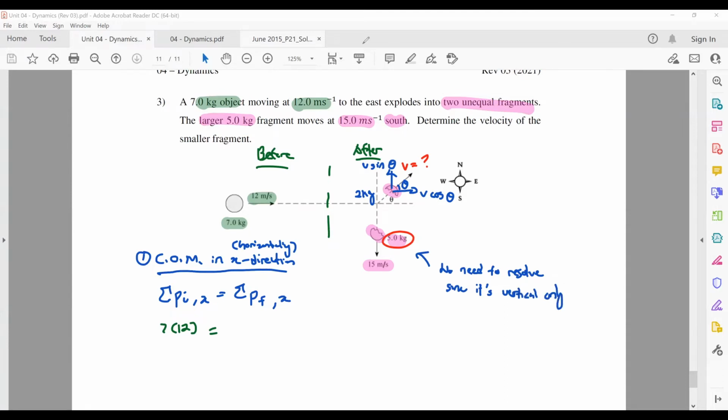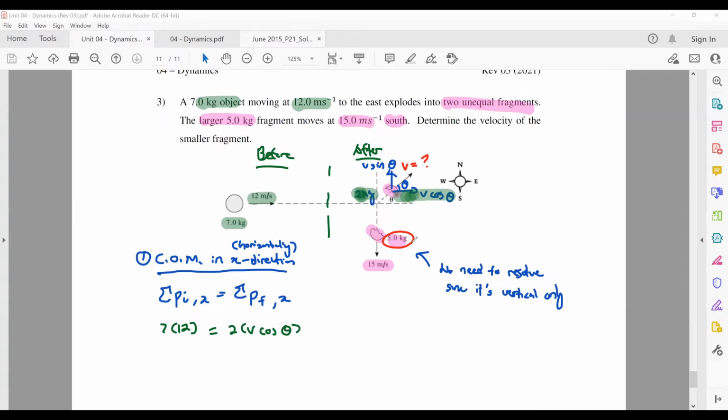Okay, so if I talk about the horizontal momentum, or the x direction momentum only, I only need to consider this one, the momentum caused by a speed of v cos theta. To get the momentum here, I take the mass multiplied by the velocity in the x direction. This one will just be 2 times v cos theta.